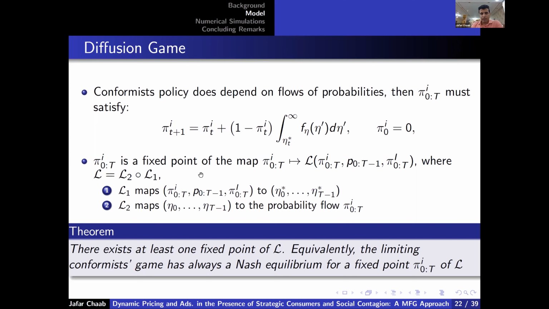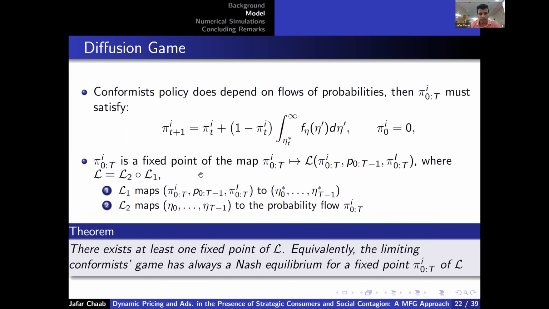This is the mission of the first function. However, for the second function, we compute the mean field under the player's best response, right? And under a certain condition, we can say that there is a set of fixed points for this equation. So here is the theorem. There exists at least one fixed point of this function denoted by mathcal L. Equivalently, the limiting conformist game always has a Nash equilibrium for a fixed point of pi C of this function.